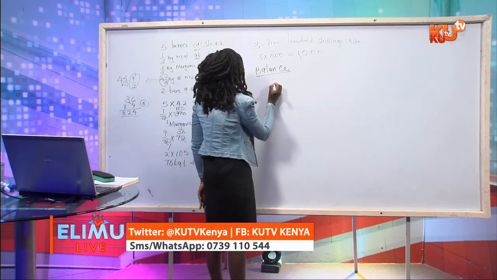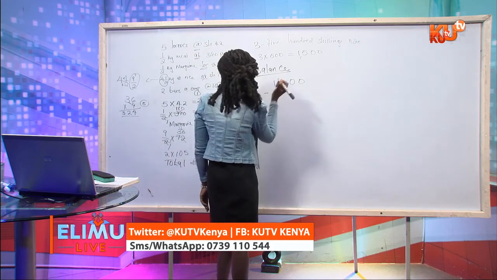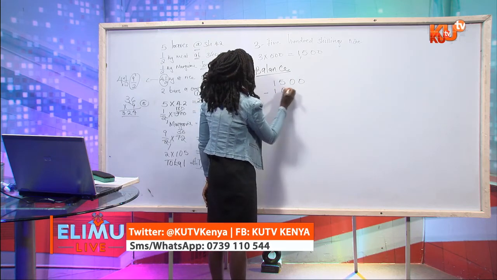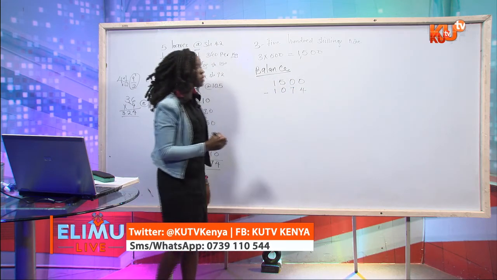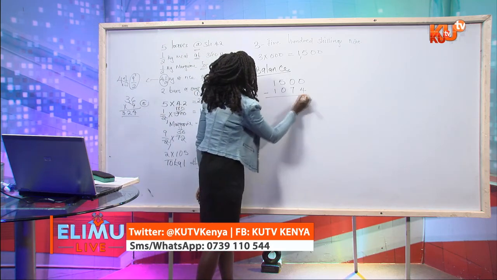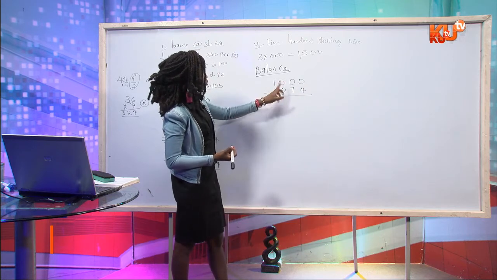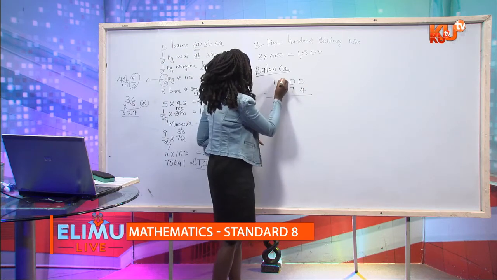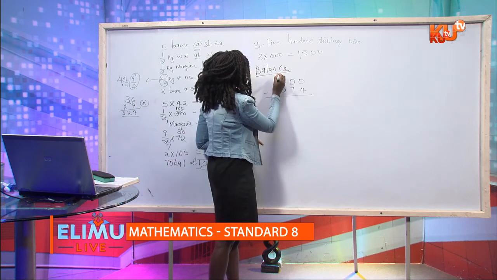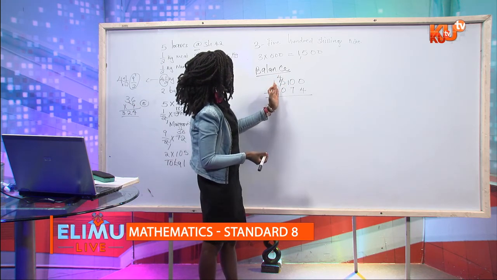That is 1,500 minus 1,074. It is impossible as it is, so we are going to borrow from the 5. From 5, we get 4. I bring 1 here. I've borrowed 100.